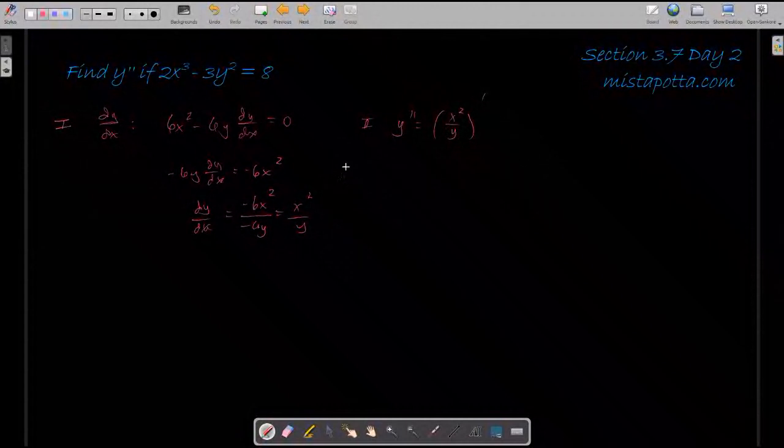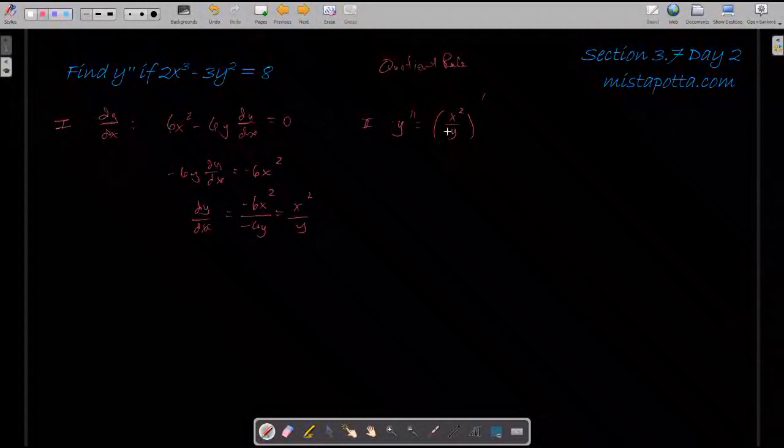And that's something that we're going to see a lot of because a lot of times solving for dy dx using implicit differentiation gives us a ratio of two functions. I'm going to have to be using the quotient rule when I finally take this derivative of this fraction.